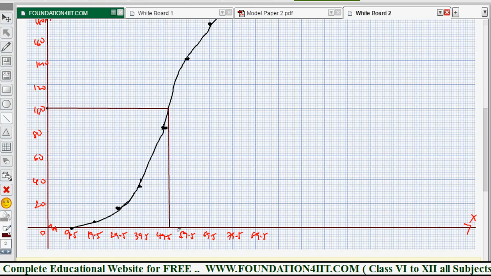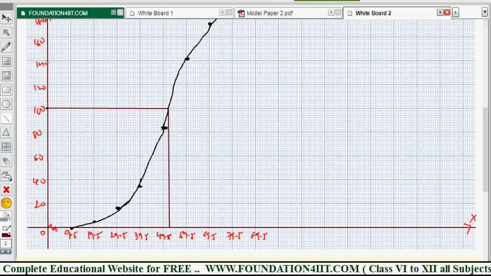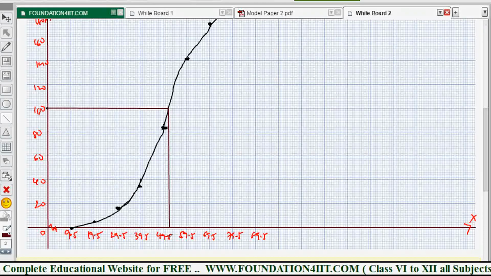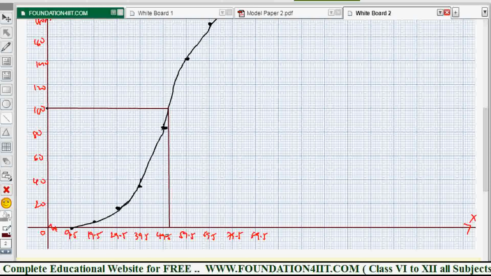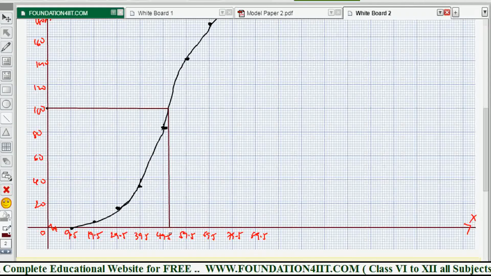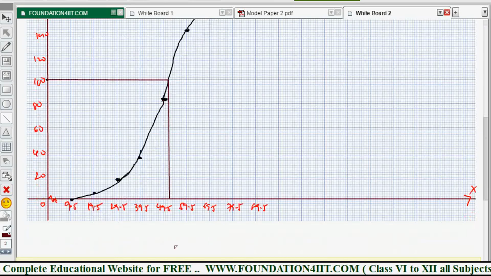Here, 49, 59. 1 millimeter is 1 point. Then 49, 50, 51, 52, so 52.5. Next it is the third line, that means plus 3. So 52.5.